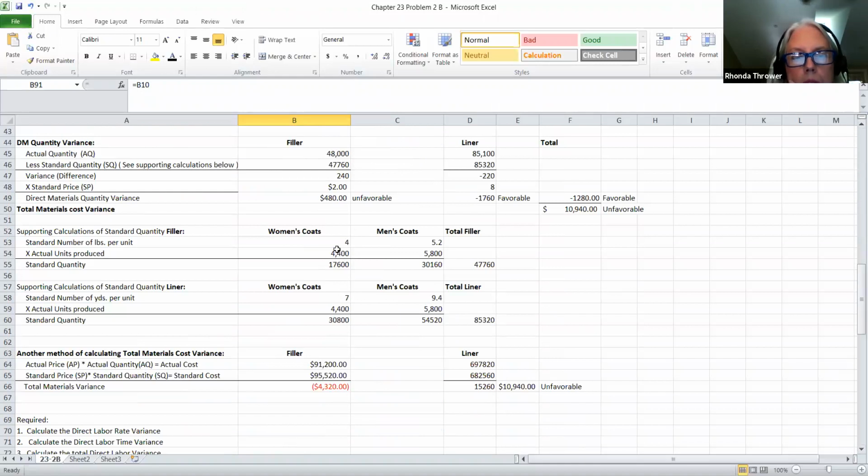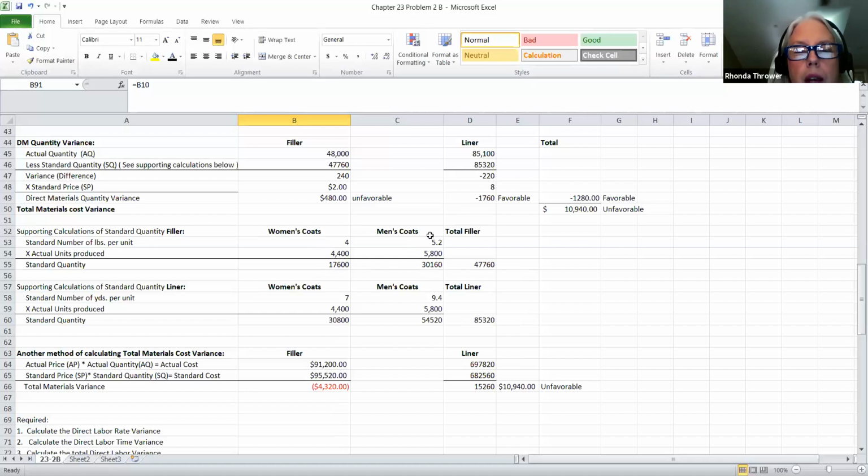So right down here is where we're talking about. You would multiply the actual coats produced that were women's times the standard number of pounds per unit, and that will give you the standard quantity for the women's coats. You do the same thing for the men's coats.